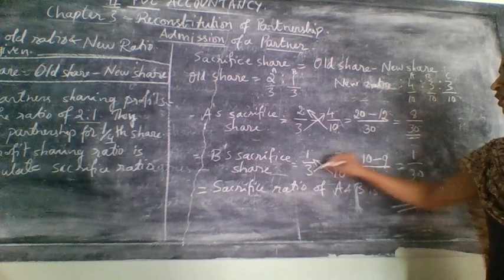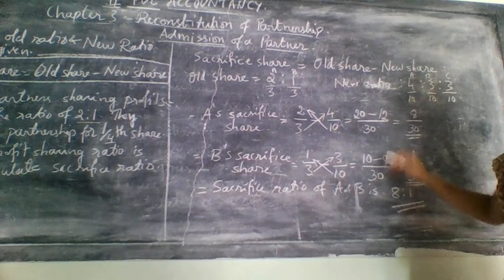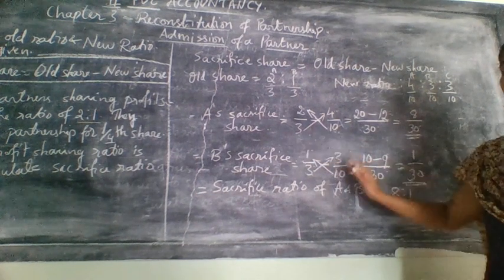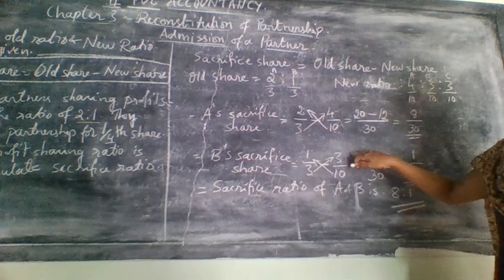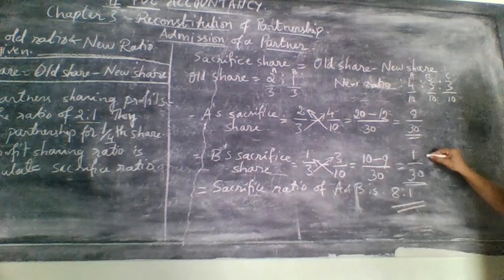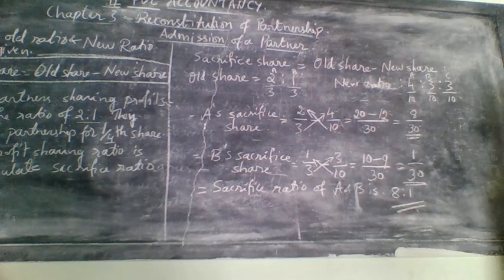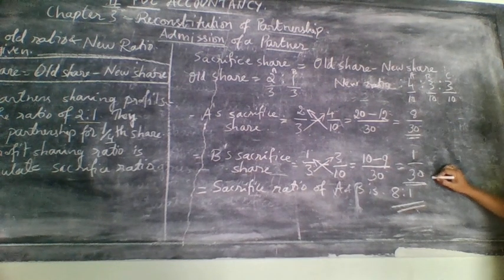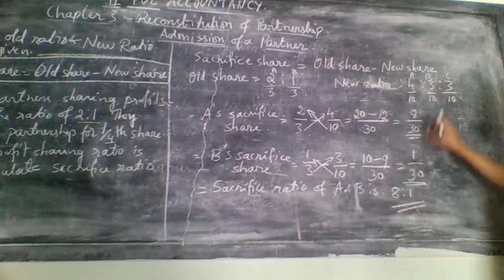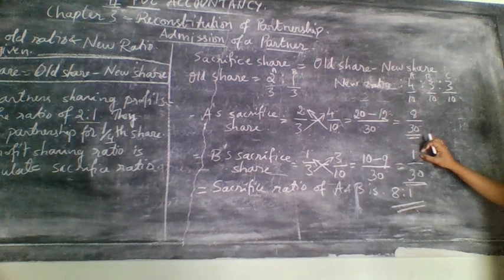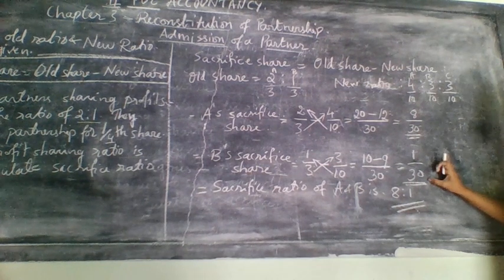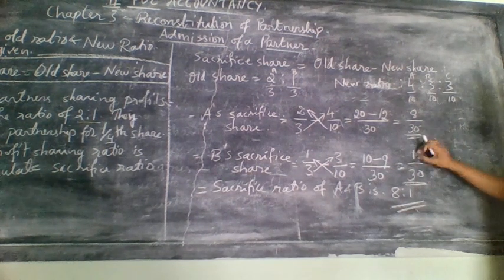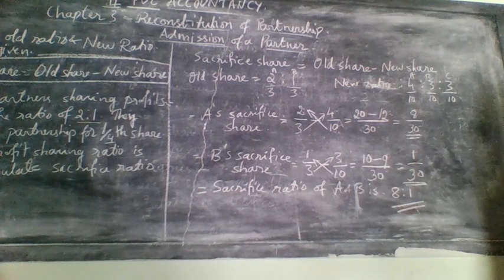10 ones are 10, 3 threes are 9. First left to right, right to left, and you will get the value. At this point both the denominators are the same. That's why now you can consider the numerators as a ratio. If the denominators are not the same, you can't write the numerators as a ratio.